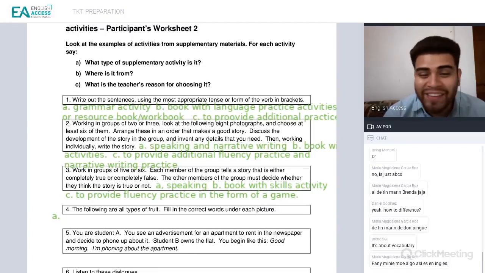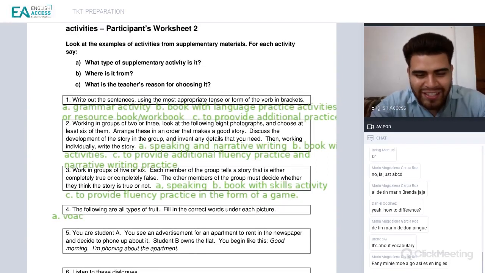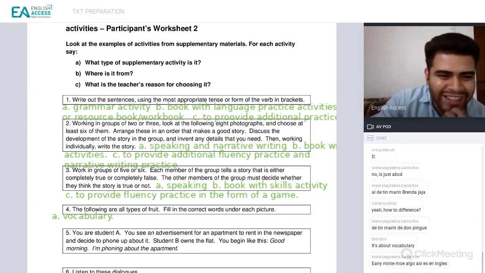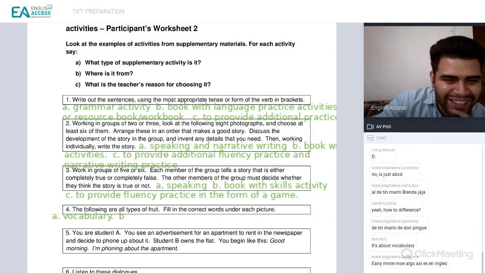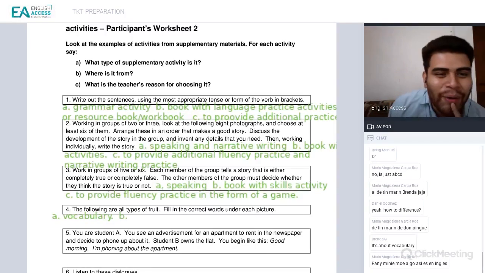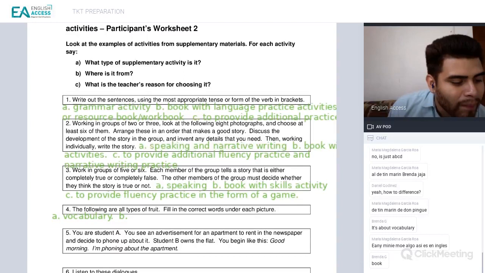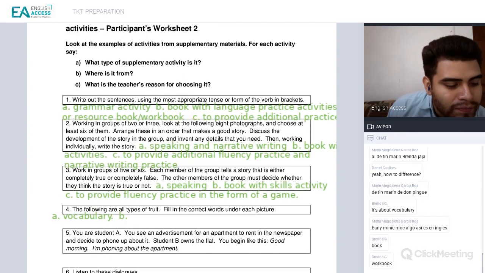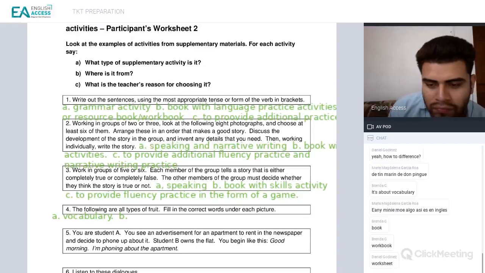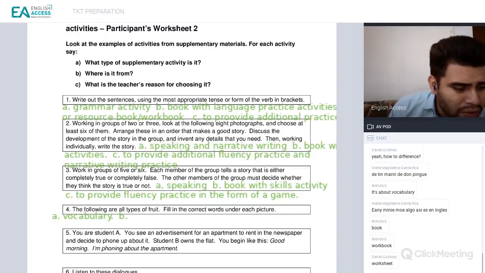Yeah, very good. It's about vocabulary, yes. Where do you think it is from? Book, workbook, worksheet?